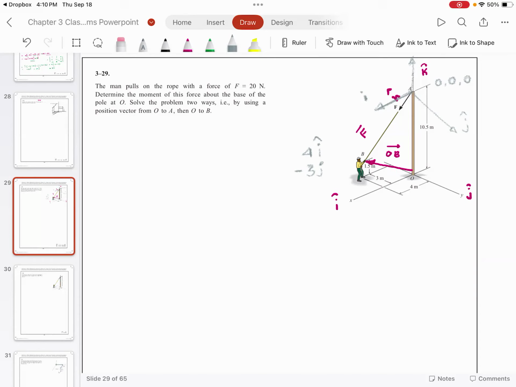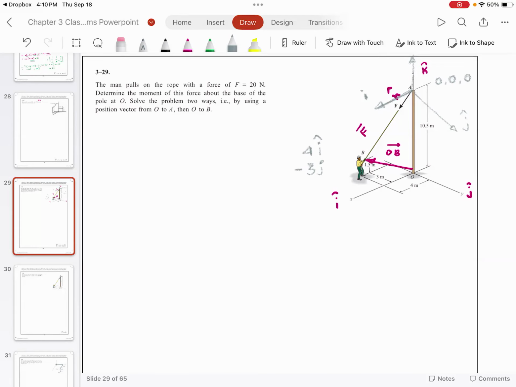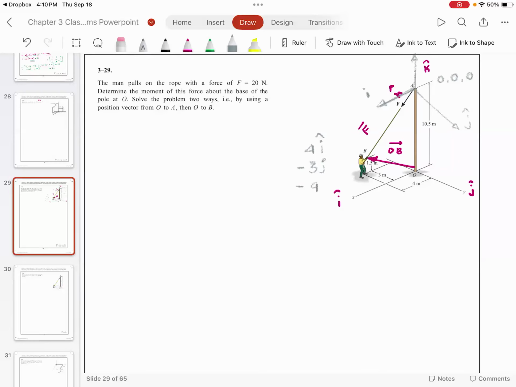The location of B is 1.5 above point O, so it is minus 8.5. 10.5 minus 1.5 is minus 9. Correct. Sorry, minus 9.